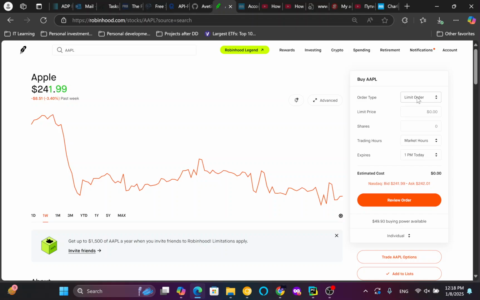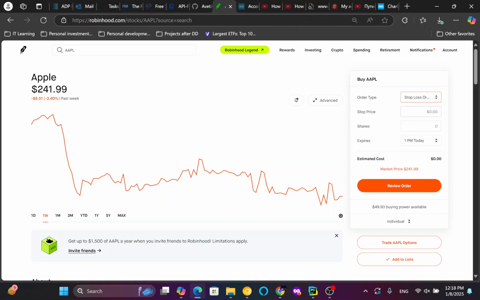The third one is the stop loss order, which means that you are selling a stock at a specific price when it reaches a certain price, protecting against large losses. It doesn't go like the previous example, the limit order, with the affecting market hours, but it also has an expiration.